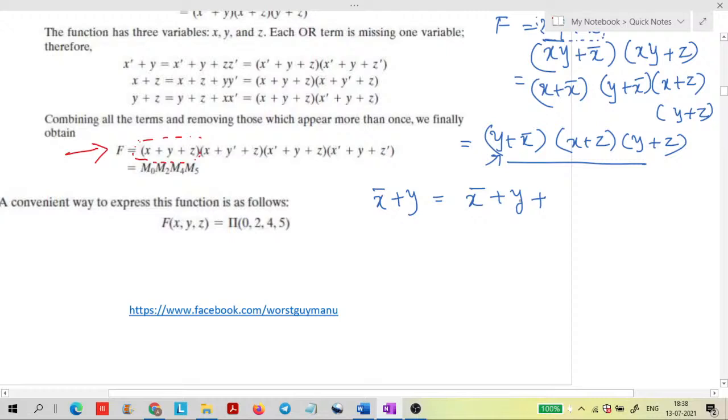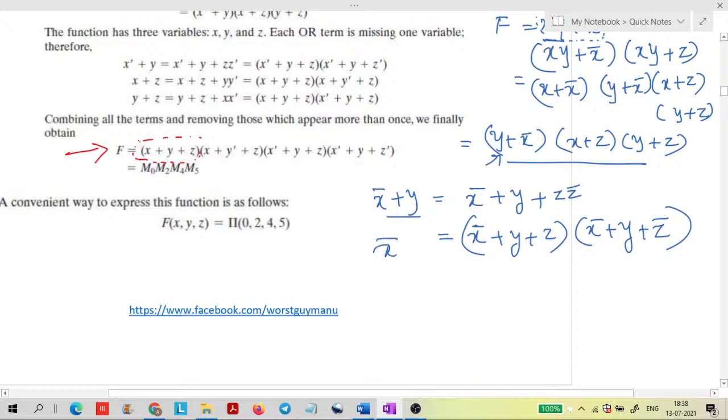It is a product of sums, so POS form. So z into z bar is 0, so there is no difference. In this way we can include x bar plus y plus z, and again applying the distributive law, x bar plus y plus z bar.